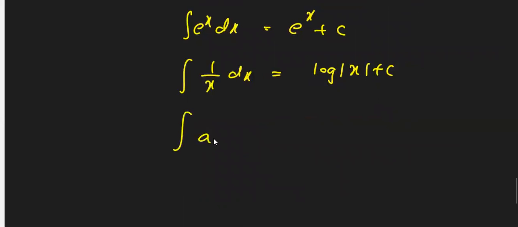Suppose we have integral a to the power x dx, then the answer is a to the power x. Remember, while using integration, we have to divide by that term, log a to the base e, but under differentiation, we used to multiply by that term. So integral a to the power x dx is equal to a to the power x divided by log a to the base e plus c.